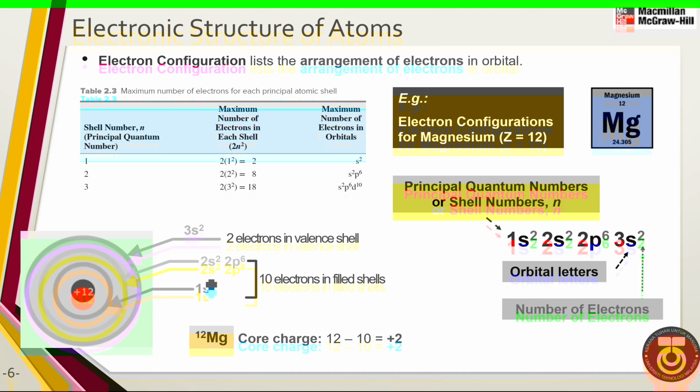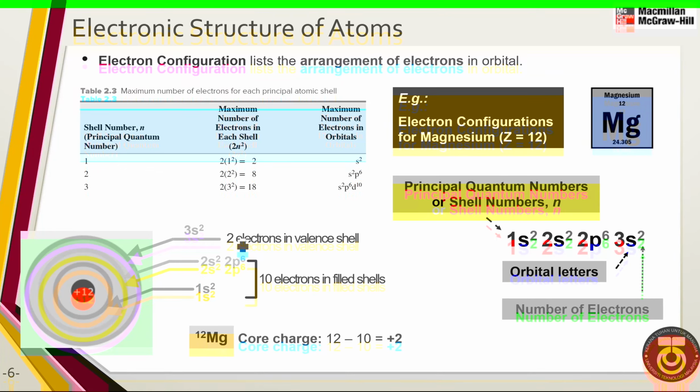Then we have another 8, because the first and second shells are fully filled with electrons. The second shell has 2 subshells, S and also P, so this is also the maximum: 2 plus 6 is 8. So that's why the first and second shells are completely filled with electrons, altogether 10.